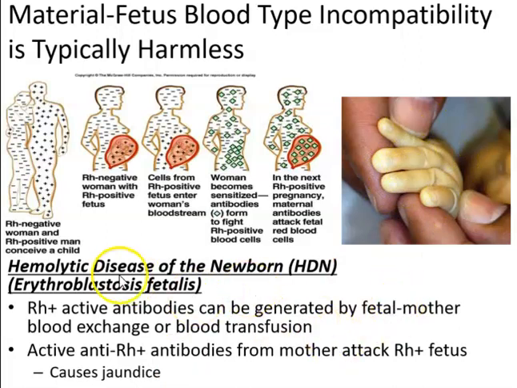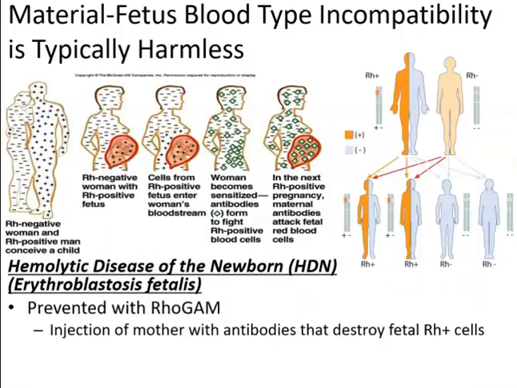So that is hemolytic disease of the newborn. Now, this can be prevented if we give the mother Rhogam. Rhogam is a medication. Basically, it's an injection that we give to the mother with antibodies that will destroy any fetal Rh positive cells.